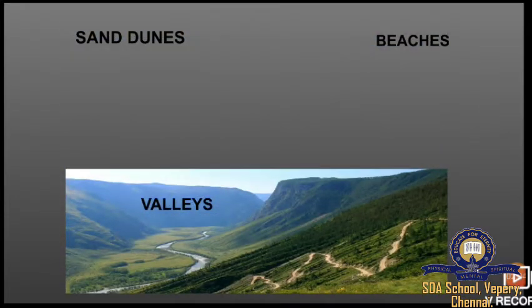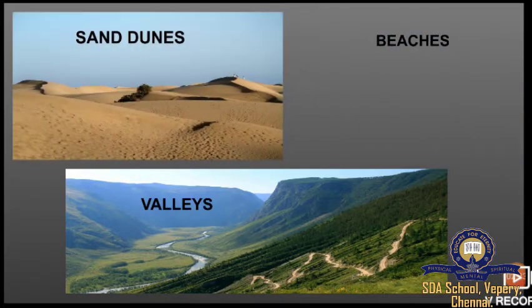So first, the picture you see are the valleys, that is, the slopy areas of the mountains where you find some water flowing. Those are called the valleys. Secondly, are the sand dunes. What are sand dunes? Sand dunes are nothing but sand. They are all piles of sand.